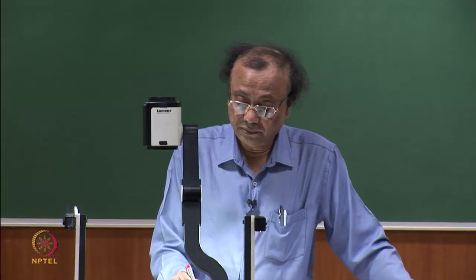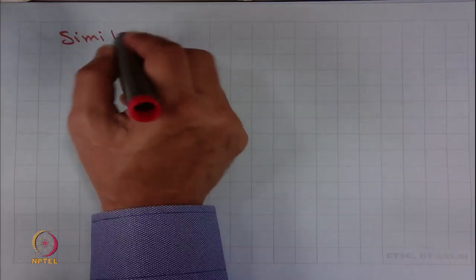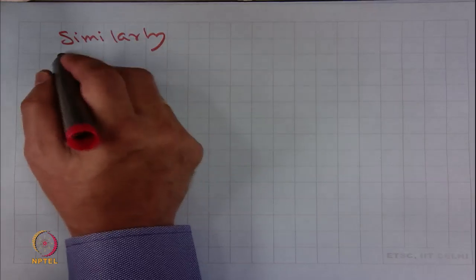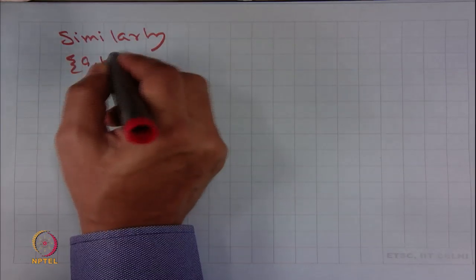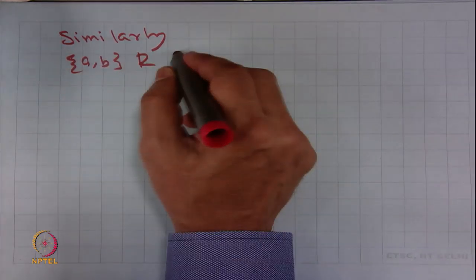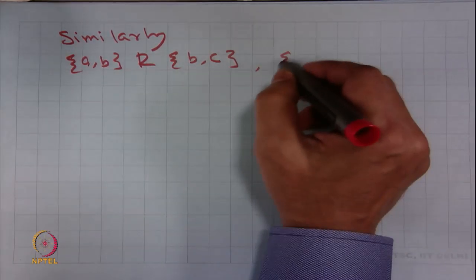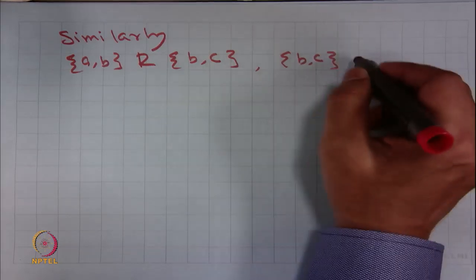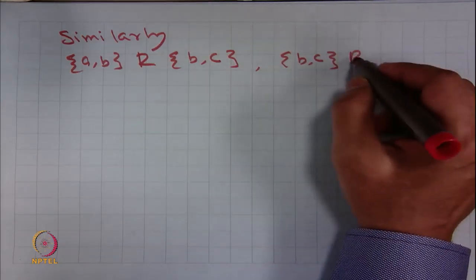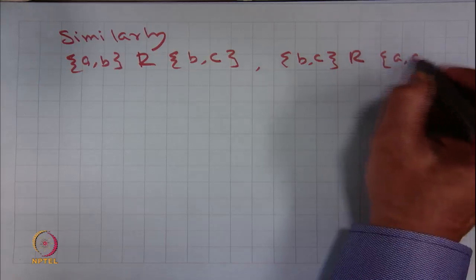Similarly, {a, b} is related to {b, c} and {b, c} is related to {a, c}.